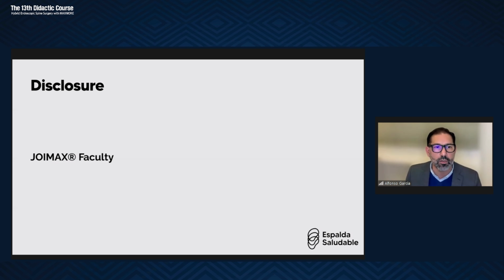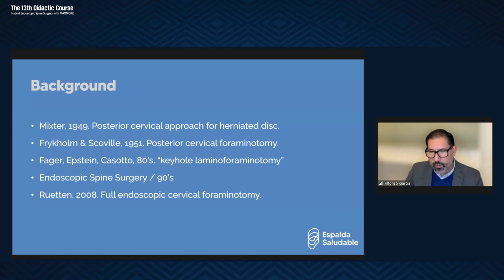This is my disclosure. And it is very important to highlight some of the background that needed to happen before we were able to perform a full endoscopic foraminal approach for the cervical segment. So since the late 40s, that means with Mixter in 1950, the posterior cervical approach for herniated disc became popular.